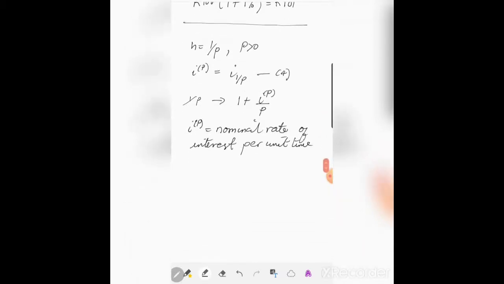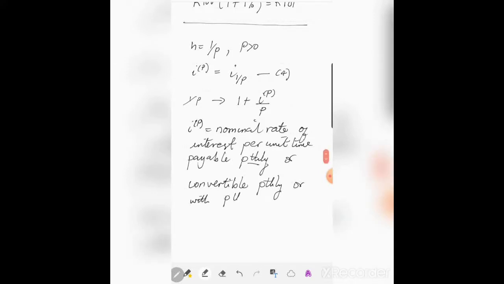It is also payable, or payable convertibly, p times a year, or with p rests.